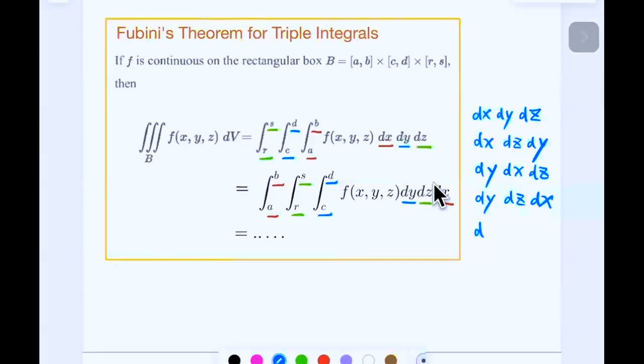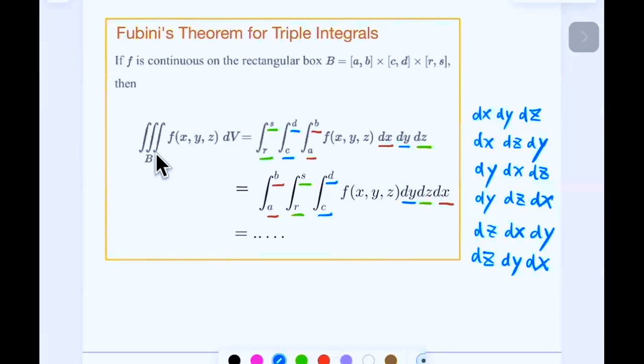You can have dz dx dy, and dz dy dx. So you can have all 6 combinations to write this. As long as the upper and lower limits match, they will be equivalent to the triple integral over this box B.